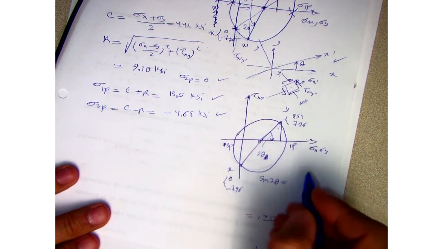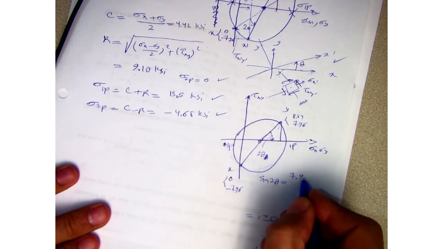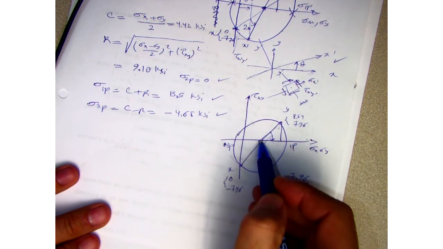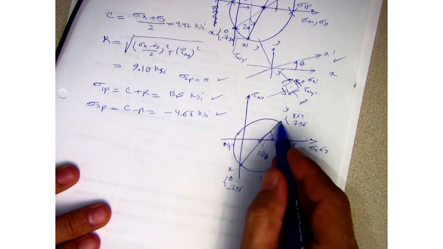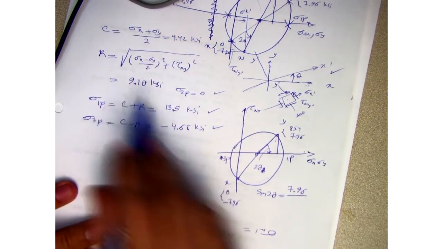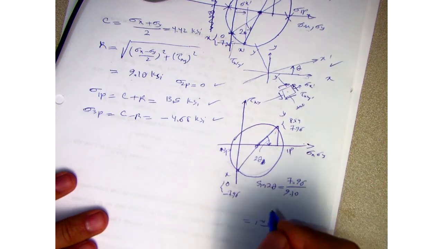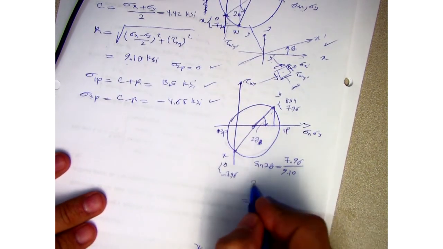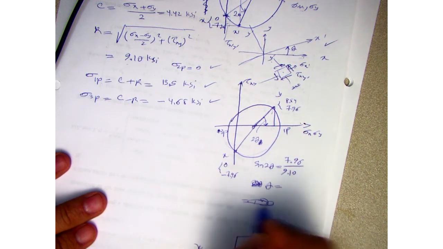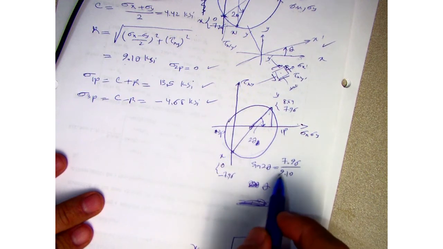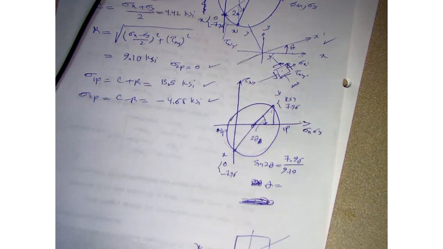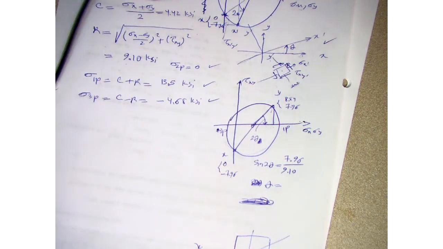Equals your shear stress, your opposite, divided by your radius, which I had to be 9.1. So I should take the arc sine of this and then divide that number by 2 to find my theta. Let me use my calculator to show you.